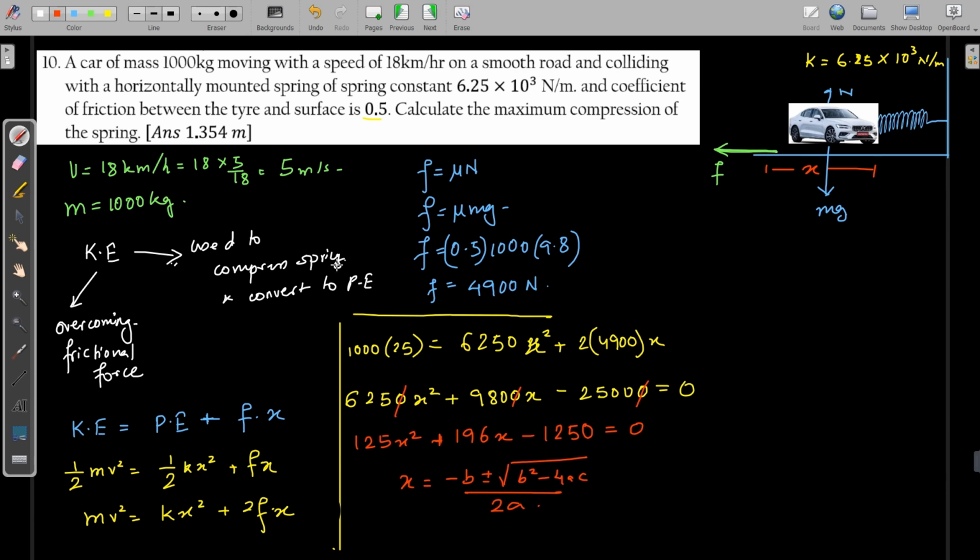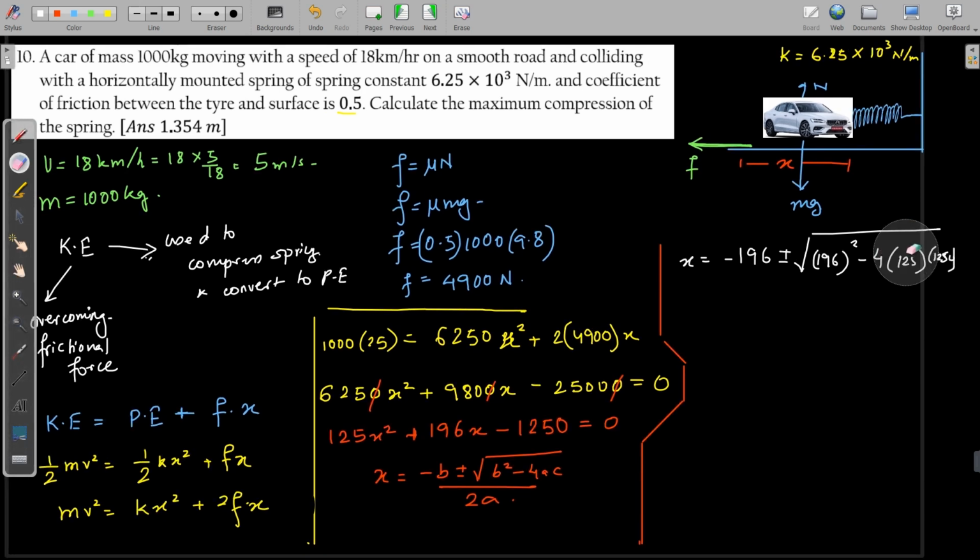So if I use this, what are we going to get here? We are going to get x equal to minus b, that is minus 196, plus minus root over b square, which is 196 square, minus 4ac. 4a is how much? 125, 1250, right?